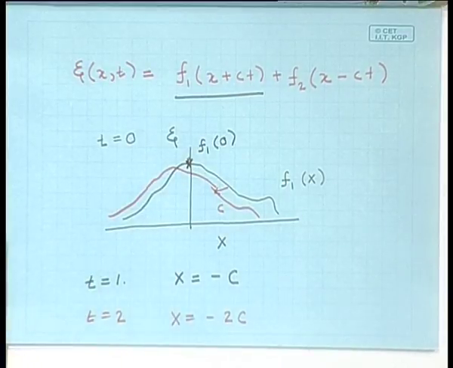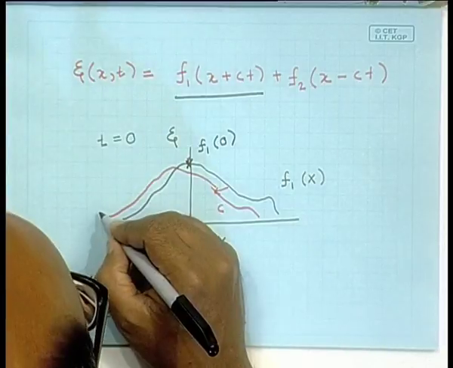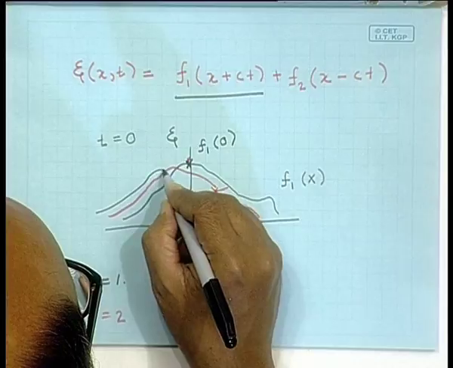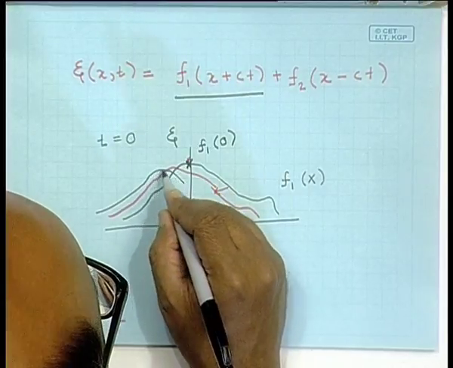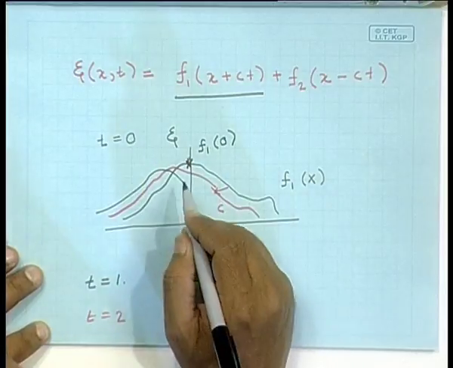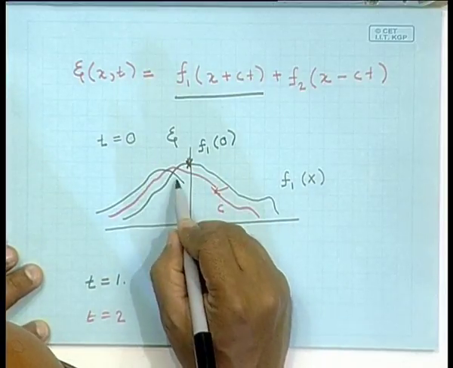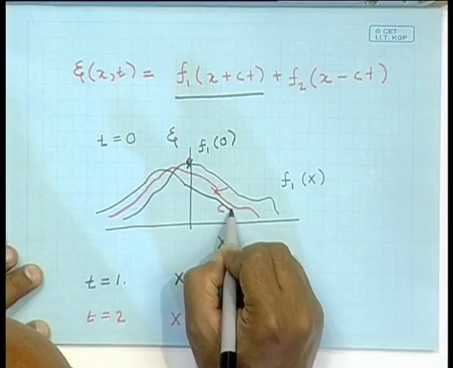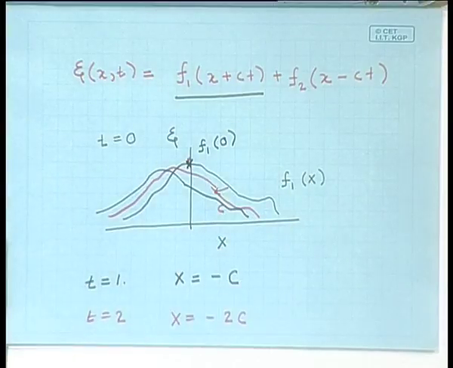So, at t equal to 2, the whole curve has shifted to the left by 2c. The value of xi is going to be described by the same curve. All that has happened is that the curve has shifted by an amount 2c to the left.